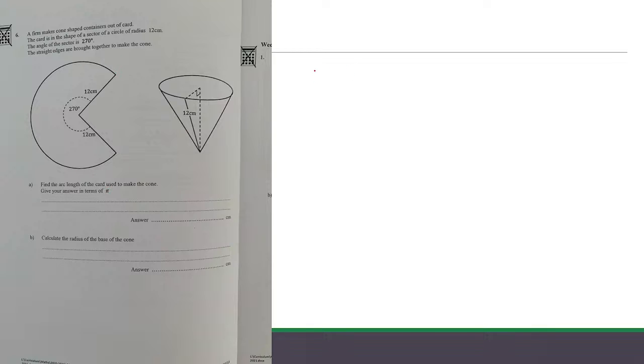So the formula for arc length. Now when you go on to do A-level, there's a much simpler formula. But for now, it's theta divided by 360 times the circumference of a circle, which is 2 pi r. So in this question, our angle is 270 divided by 360 times 2 pi times 12.